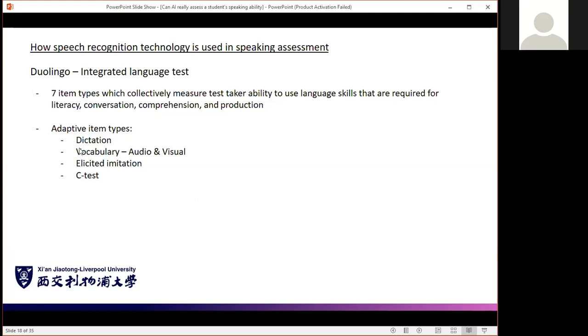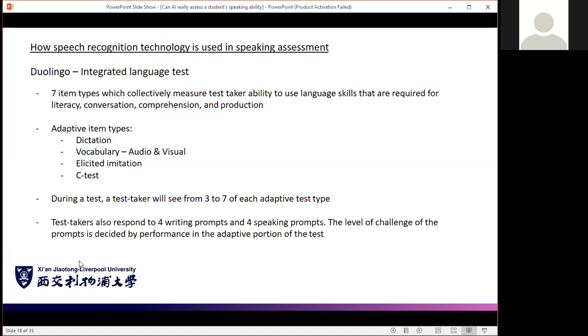So these are all of the sort of mechanical item types in this test, and these are fed in an adaptive way. Then test takers are also asked to respond to 4 prompts for writing, so freer writing, and 4 speaking prompts, freer speech. And the level of challenge, again, is dictated by the performance so far in the test.